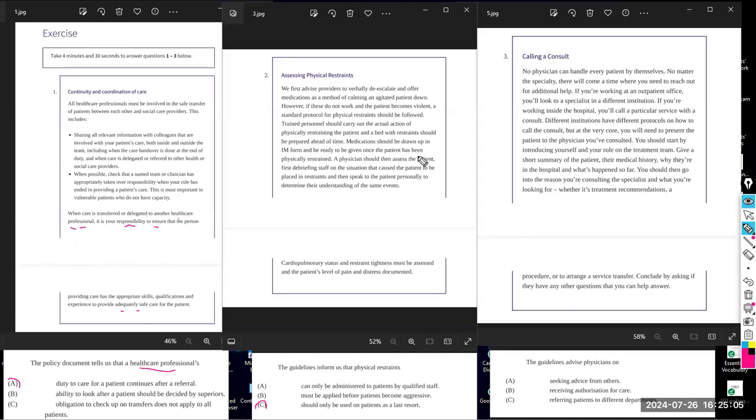We should try emotional support, psychological support, medication. We can bring the family, and last thing, restraints. If all of these things don't work, yes, we can go to the last resort, absolutely, which is doing these things. Trained personnel should carry out the actual action of physical restraining.